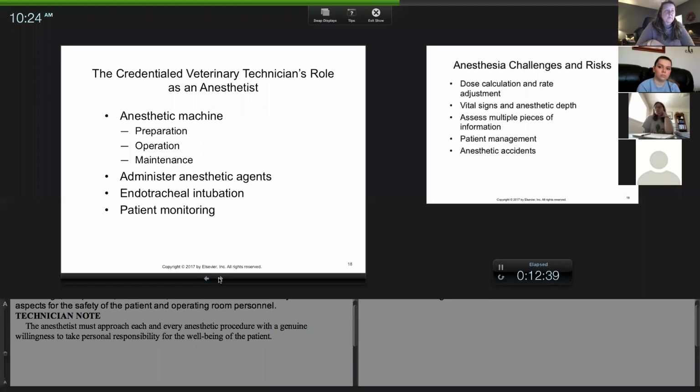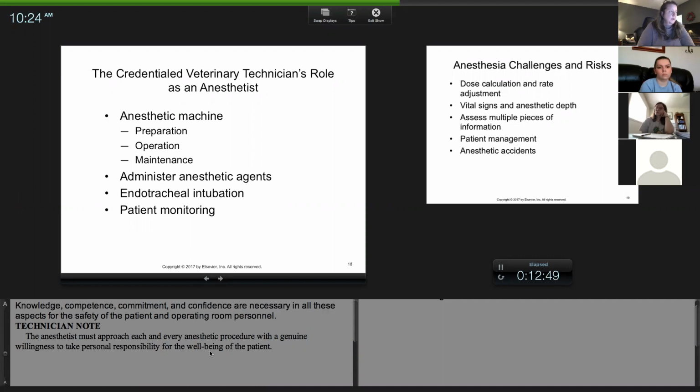Now, I'm going to keep coming back to these concepts, but what do you do as the veterinary technician anesthetist? Basically, we set up the machine, we operate the machine, we make sure we have oxygen. So, I want you to be able to tell me what some roles are that you would have in this anesthetic sparing.